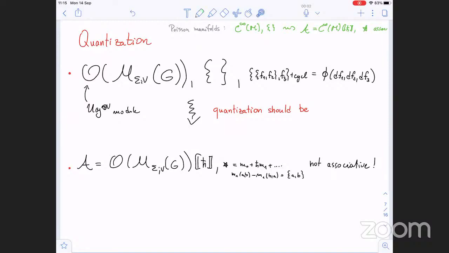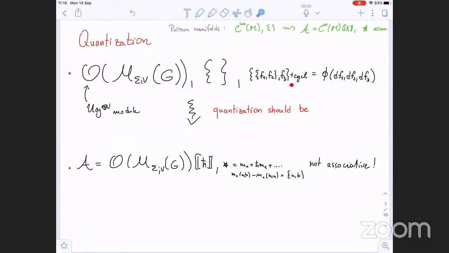The situation we have here, these functions on the moduli space, it's a module under, I will use the language, the universal enveloping algebra of V copies of G, right? And it has a bracket, but it's not a Poisson bracket because it's a quasi-Poisson bracket.